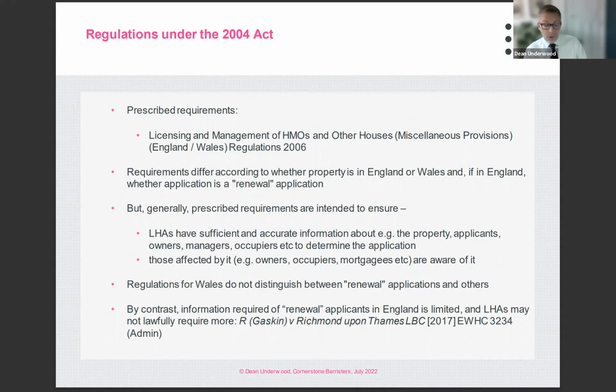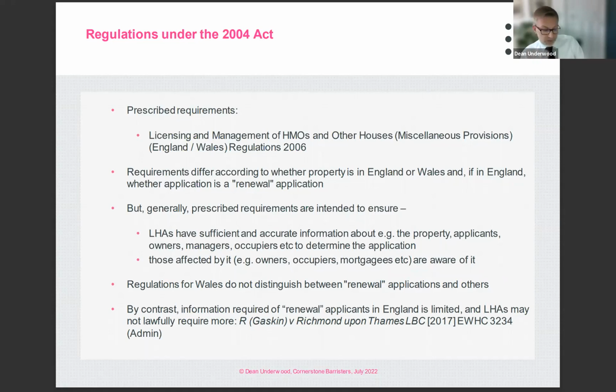The list, in other words, is a maximum, not a minimum. Following the amendment made in 2012, the regulations no longer require occupants to be named on a renewal application, and accordingly the council's insistence on the provision of that information before renewal was unlawful.